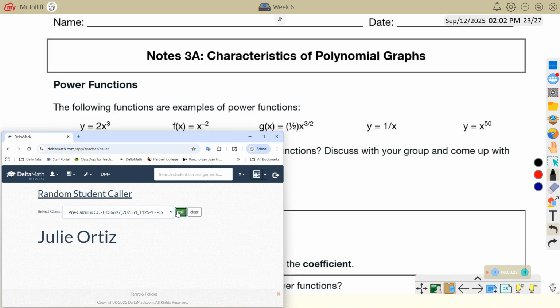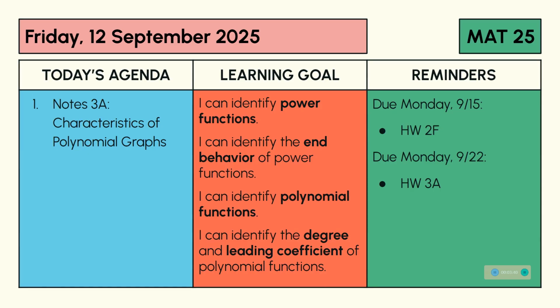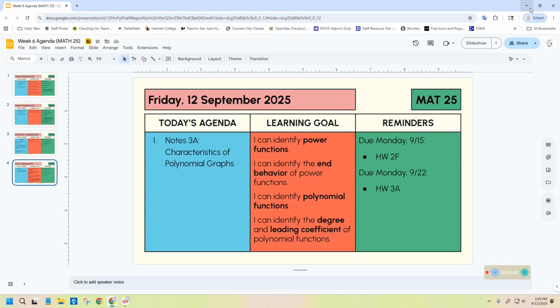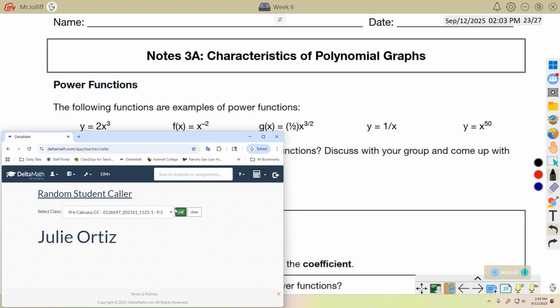Julie, what'd you come up with? Four x to the third, does that look like a power function? Got some yes, very good. That is not what I wanted. Try that again. She's not here.